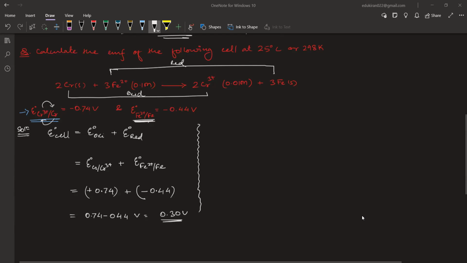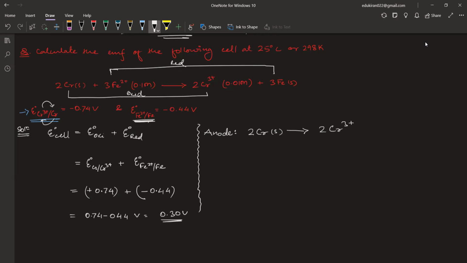Okay, fine. So Wafia, you will tell me what happens in anode, oxidation or reduction? Oxidation. Okay. Tell me what reaction should I write? I will write it like this now. 2Cr solid is giving me 2Cr3+, right?